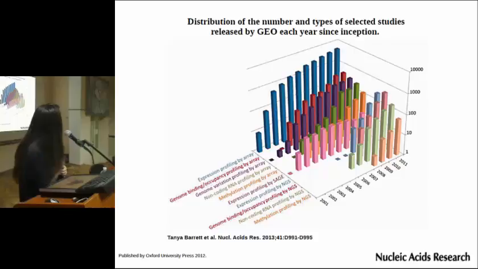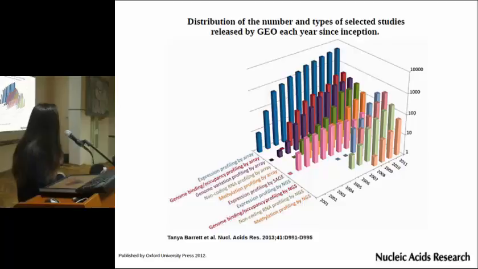I'm not sure if you're able to see, but here the biggest one is expression profiling by array, or just gene expression microarrays. And you can see it still is the largest part of this huge public repository.